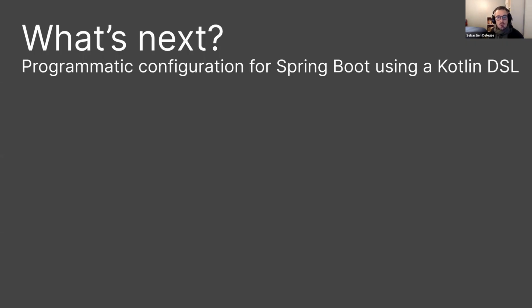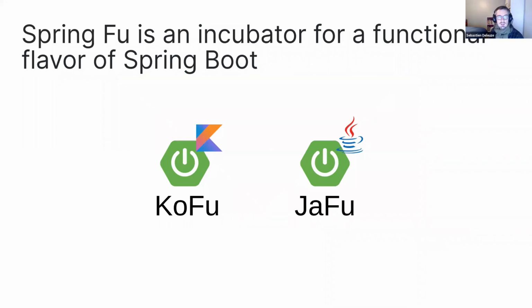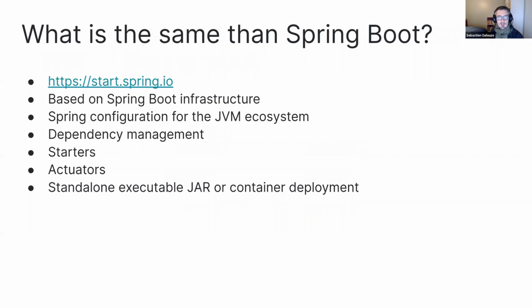And the even more experimental stuff that we are working on is this programmatic configuration for Spring Boot using a Kotlin DSL. This is incubated in Spring Fu, which is an incubator for a functional flavor of Spring Boot. We provide 2 DSLs, KoFu and JaFu, KoFu for Kotlin, JaFu for Java.